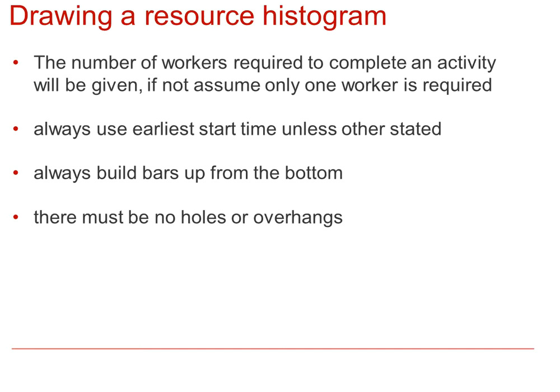If these numbers are not given, you may assume that only one worker is required. We also assume that we always use the earliest start time unless otherwise stated in the question. Always build the bars up from the bottom, and note that there should be no holes or overhangs.